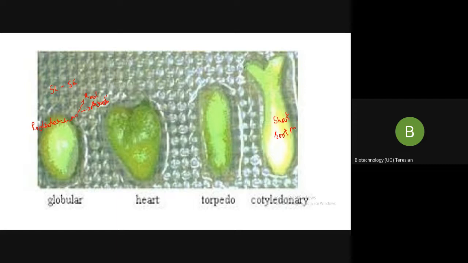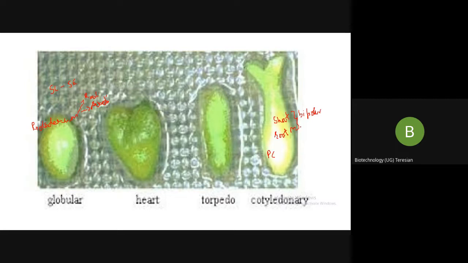And the differentiation of your procambium also occurs, and this takes place leading to the production of a bipolar structure. These are bipolar structures. So this is what you saw in the other picture also, right?